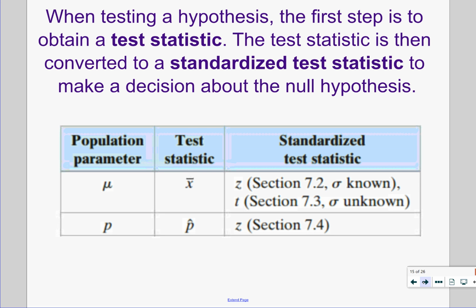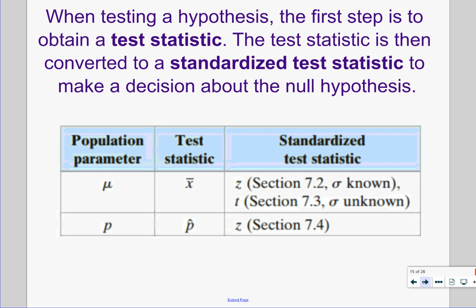If we are calculating our mean, it's either a z or a t. So we'll use z's in 7.2, just like we did before. We use those first when we know the mean or the standard deviation of our population. And we use t when we do not know the standard deviation of our population. And when we get to p's, we'll actually use the z chart as well. So these are some decisions you're going to make at the beginning of every hypothesis test.